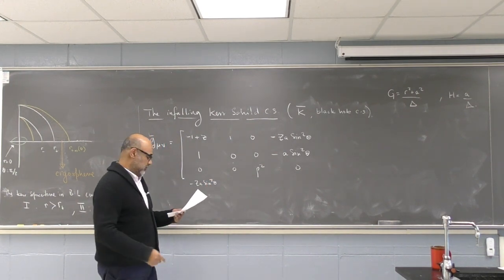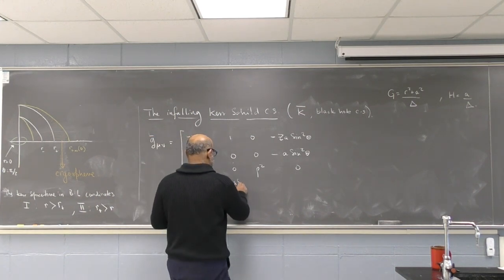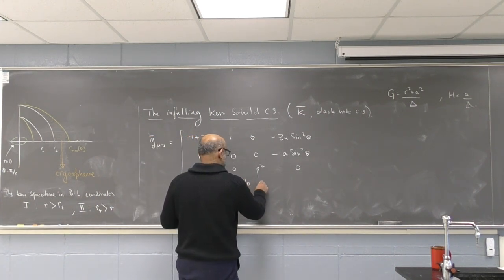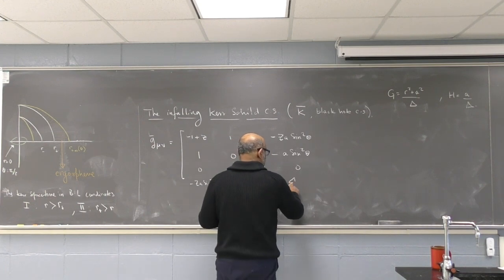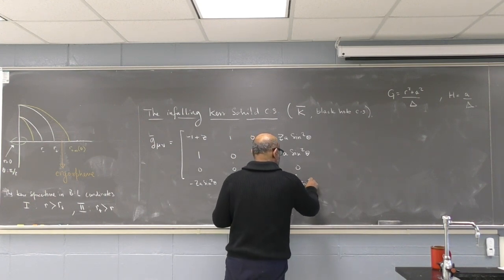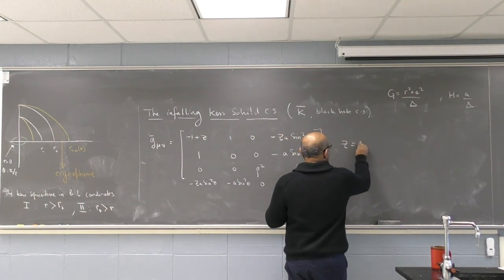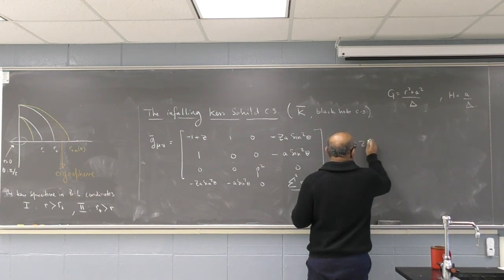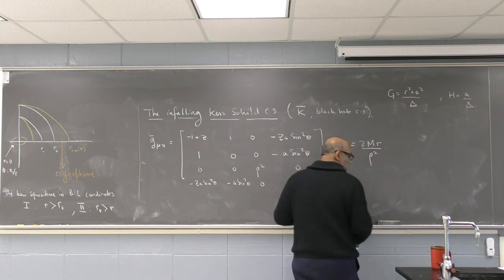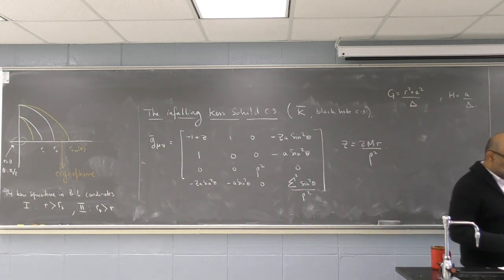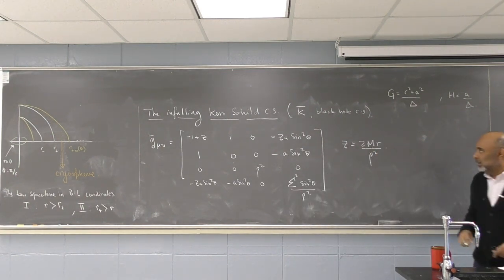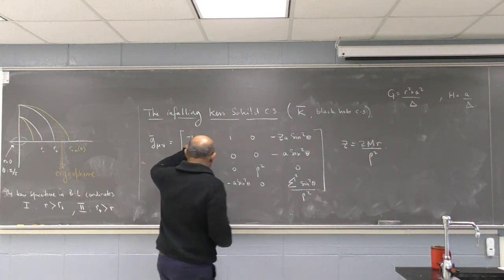Very good. It looks like this, where z equals 2mr over rho squared. Okay, and then very quickly we can conclude. See, for example, this is GTT.